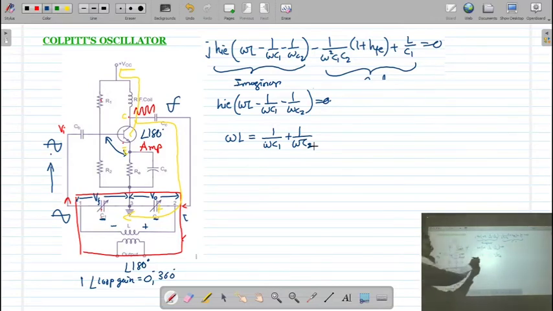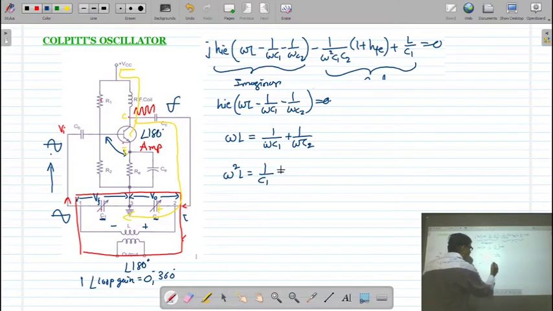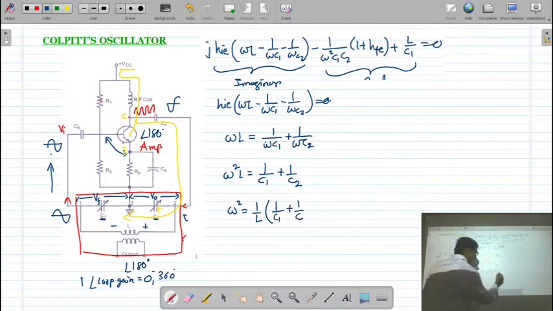Okay? If you take this omega to the other side, you will get omega square equal to 1 upon C1 plus 1 upon C2, and omega square will be equal to 1 upon L into bracket 1 upon C1 plus 1 upon C2.